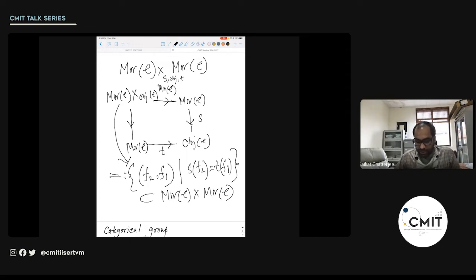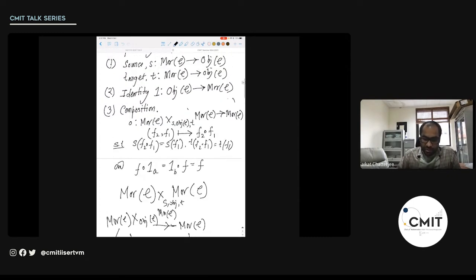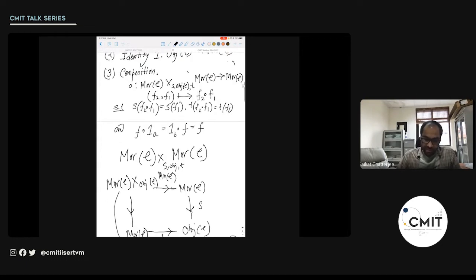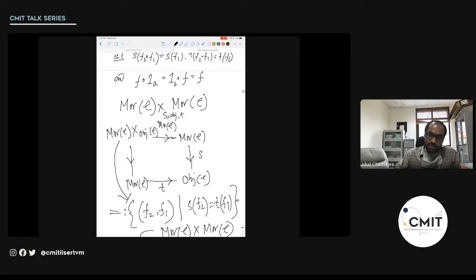So you can see that that's why it's basically called composition. If I give you two such pairs, you should be able to give me another composed map, which I denote by F2 small circle F1, and this should satisfy the following. I'll erase this part because this was just to explain the notation.